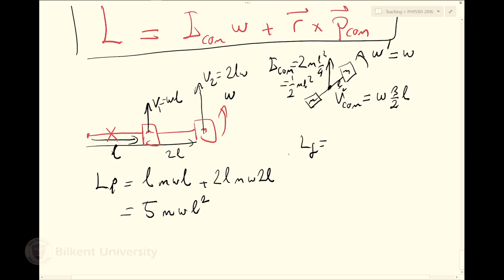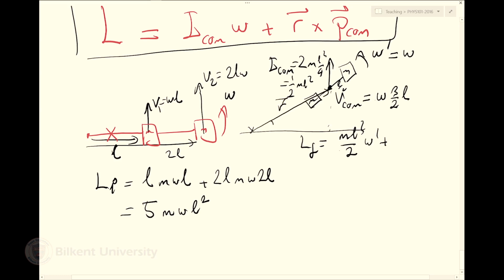So final angular momentum is I center of mass, m L squared over 2, times omega prime, plus, now I have to take it according to the same point.